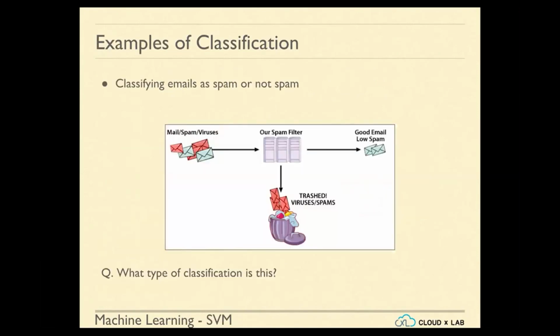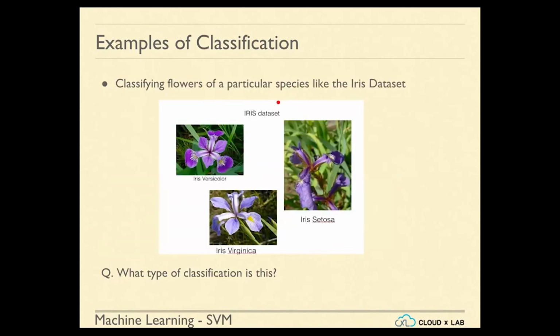Classifying an email as spam or not spam. So it's essentially a binary classification, correct? Similarly, classifying flowers of a particular species like the iris data set, what type of classification is this? That's right. So it's basically multi-class classification, right?